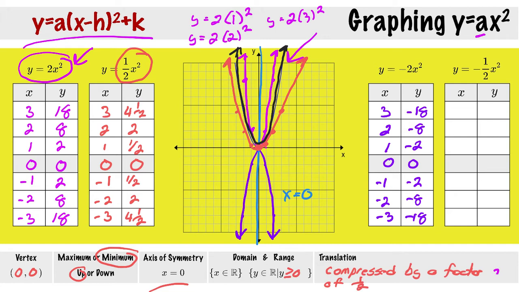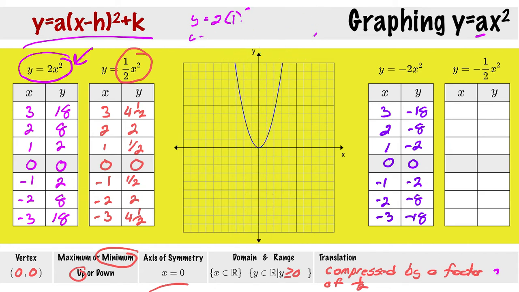I'm going to erase a bit of this just so we can get a little bit clearer. There's the original. If I were to put the half back, it would be 1/2, it would be 2, it would be 4.5. There's a 1/2 x squared. And if I were to fill in that table of values on the negative side, it would simply reverse it.